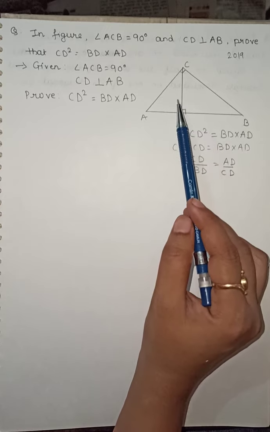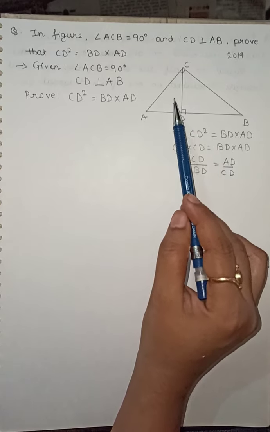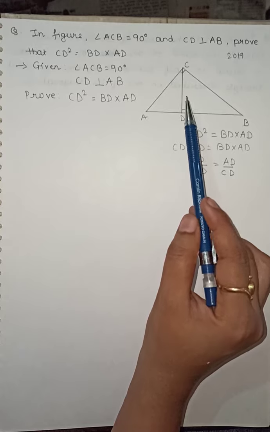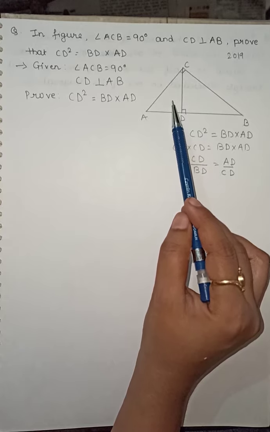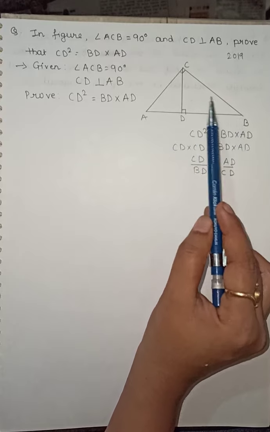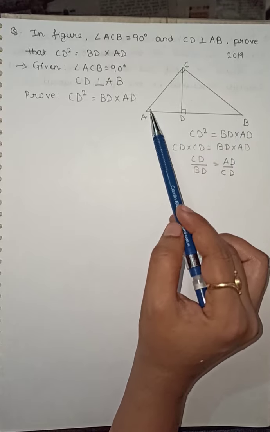It means I cannot show these two triangles similar to one another, but I can show this triangle similar to the outer triangle, and this triangle similar to the outer triangle, isn't it?